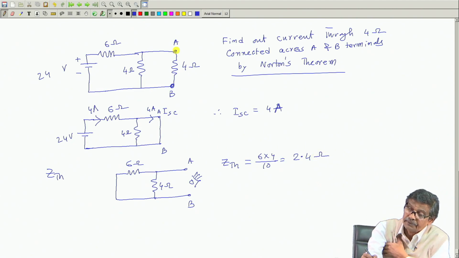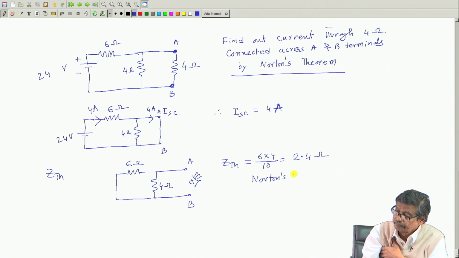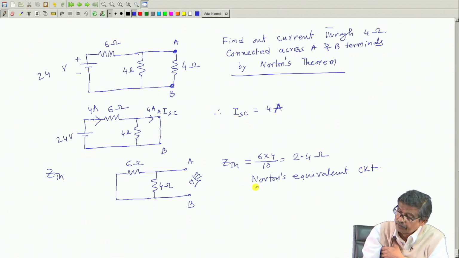Then I say behind this point A and B, Norton's equivalent, across A and B, there will be a current source.